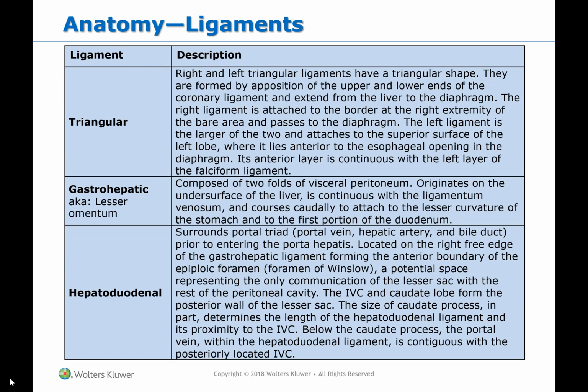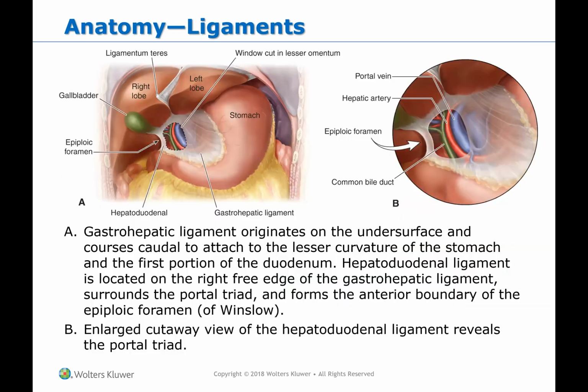What's important about the hepatoduodenal ligament is that it surrounds the portal triad, the portal vein, hepatic artery, and bile duct, which is important to know prior to entering the porta hepatis. So I would just know a little bit about what makes each one unique and where they're located. The ligamentum teres, you can see, divides the left and the right lobe, and that's its claim to fame.